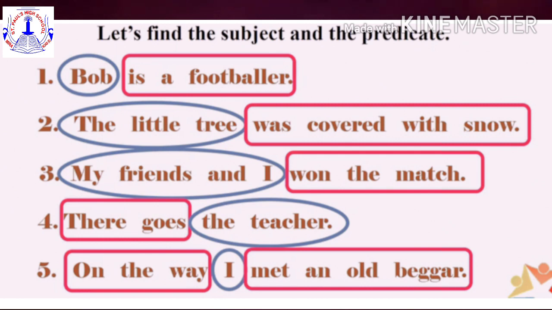There goes the teacher. In this sentence, the teacher is the subject and there goes is the predicate. On the way, I met an old beggar. Here, I is the subject of the sentence and on the way met an old beggar is the predicate of the sentence.